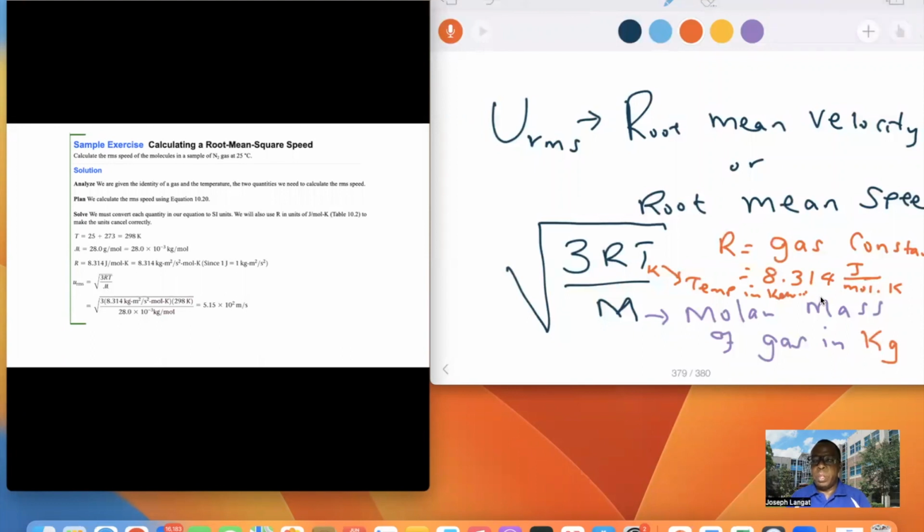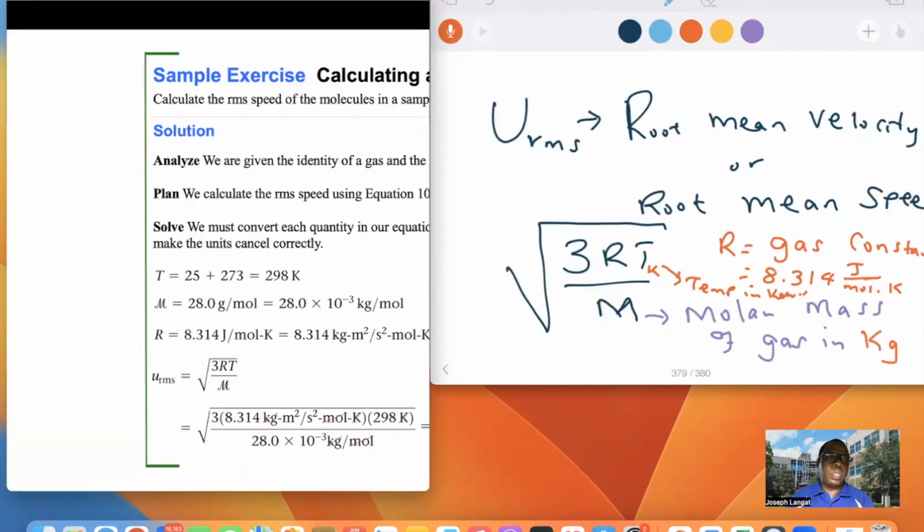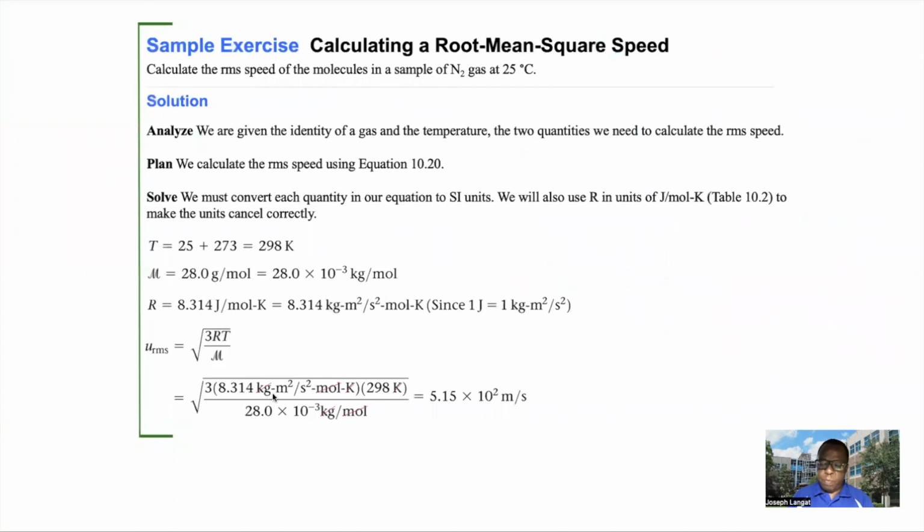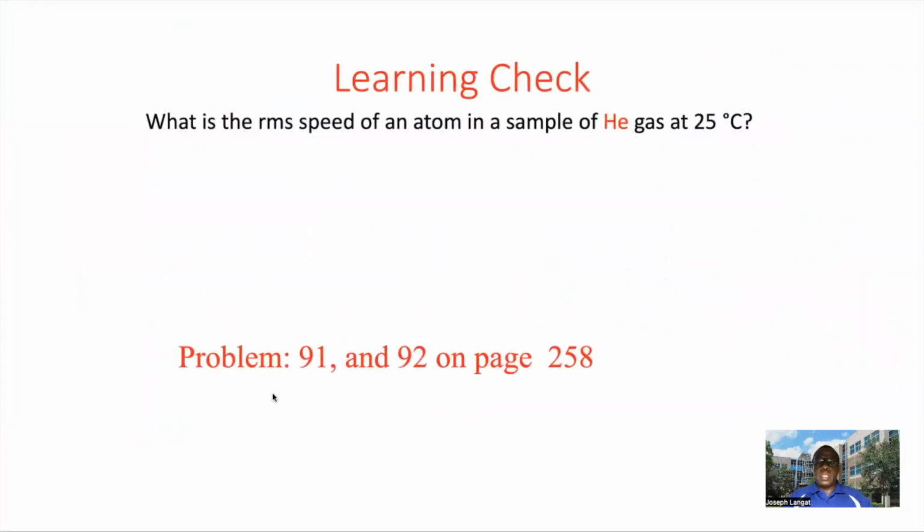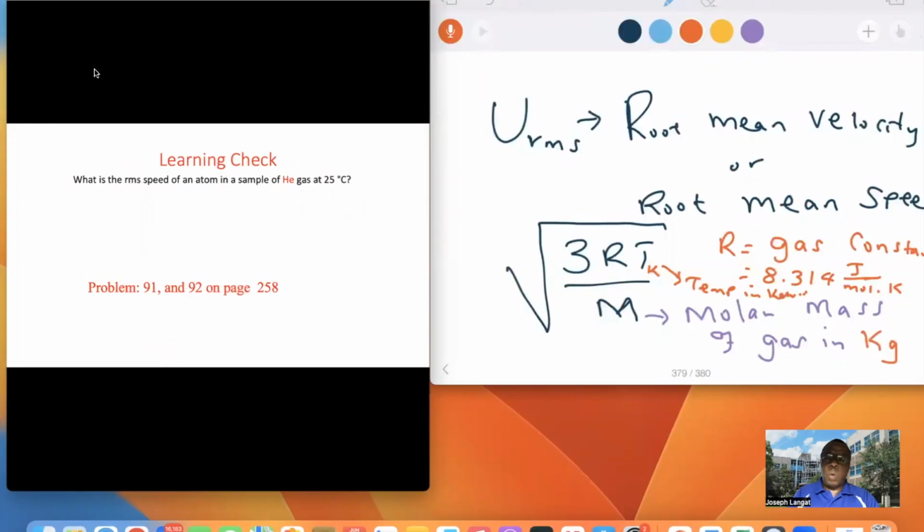You have to practice and know when to use the given value for R here. Please look at problems number 91 and 92 on page 258 on how to calculate the root mean square.